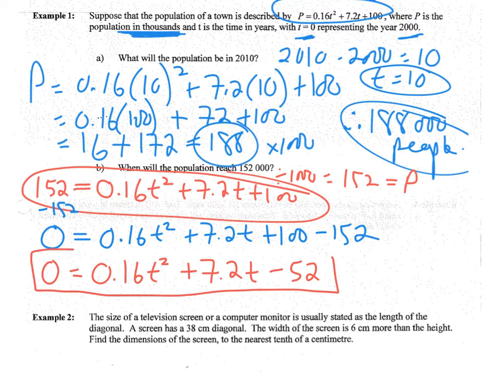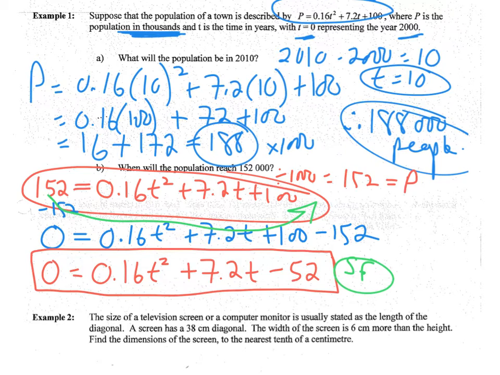So we have standard form of a quadratic equation, and we want to find what t values will equal 0, because we've set it to 0 now that we've brought over the 152 to the right side. So the 152 is reorganized on the right, which makes it negative, which puts us in standard form.